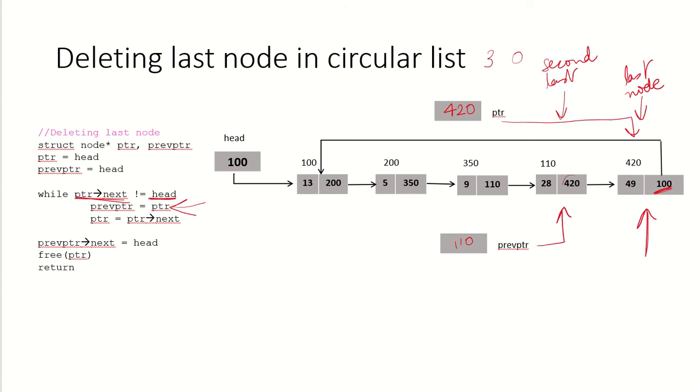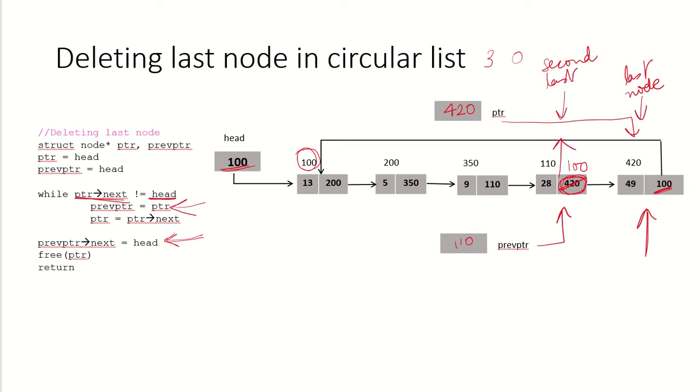So for the second last node, we have to make changes so that it points to the first node. That means previous PTR arrow next should be made equal to 100, which is the address of the first node, and this address is available in the head pointer. So previous PTR arrow next becomes equal to the head value, which is 100.